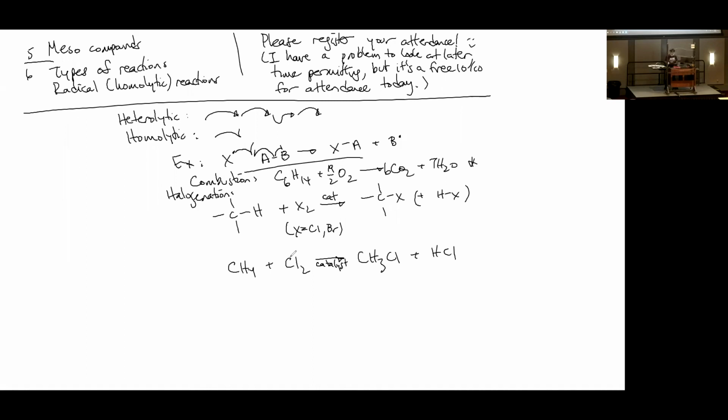So in order to make sure we only substitute one hydrogen with the halogen, you need to add a large excess of the alkane. And that's how this is typically done. So you solve the problem of getting multiple halogenated products by adding a large excess of the alkane.